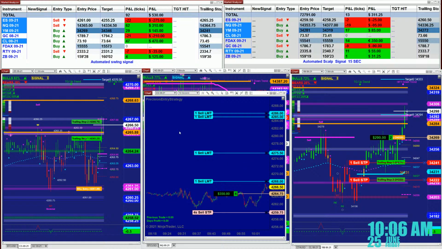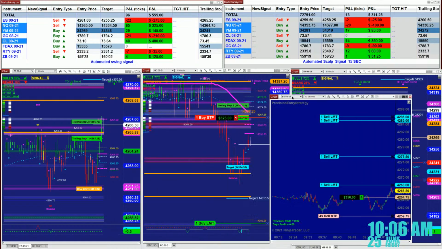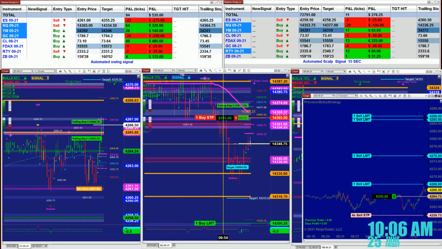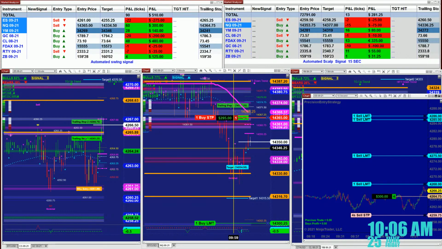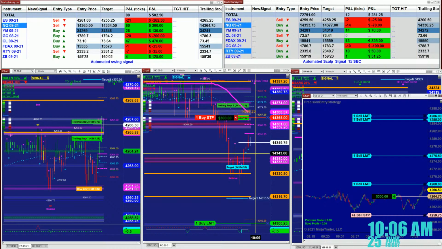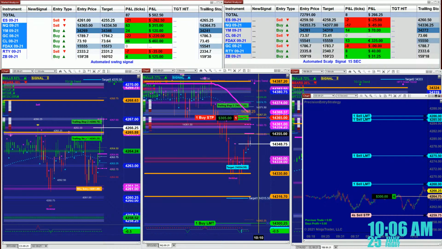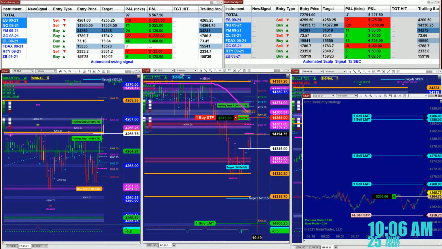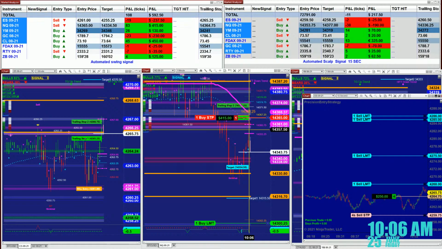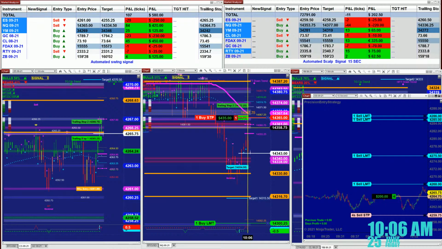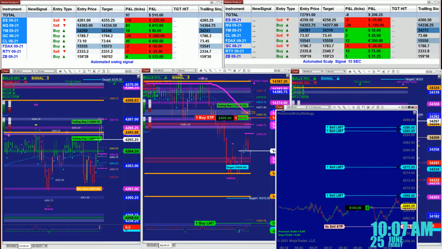And for the NASDAQ, before we jump on the ES, for the NASDAQ, there is no long trade, guys. If you are auto trading, manual trading, whatever you're doing, there is no long trade. This is a heavy resistance here, and there is only short trade on the NASDAQ.